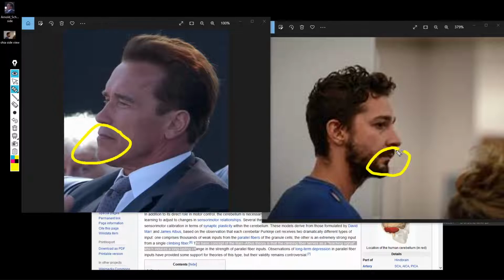And we see that the lower jaw of Shia LaBeouf here is moving this direction, and his is moving outward. So this is pointing inward, this guy is pointing upward compared to the upper lip.